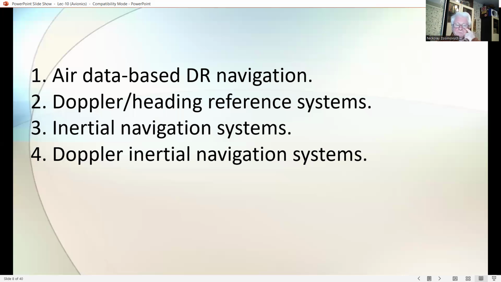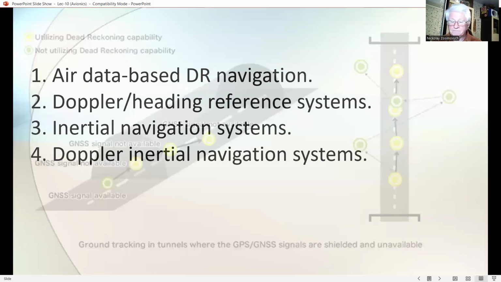And fourth, Doppler inertial navigation system. This combines the Doppler and INS outputs by means of a Kalman filter to achieve increased DR navigation accuracy.